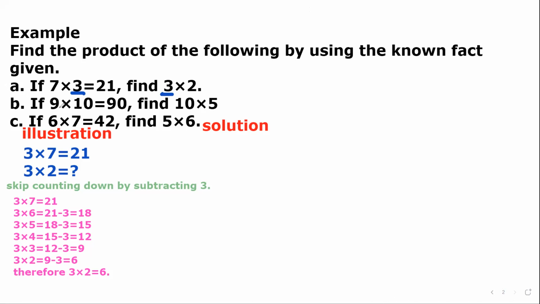And the question says we should use 9 times 10 to find 10 times 5. So here, the multiplier is 10, which appears here, and at the same time, 10 appears here. Okay, then let's write our illustration.